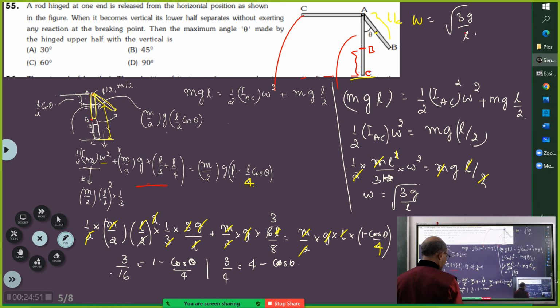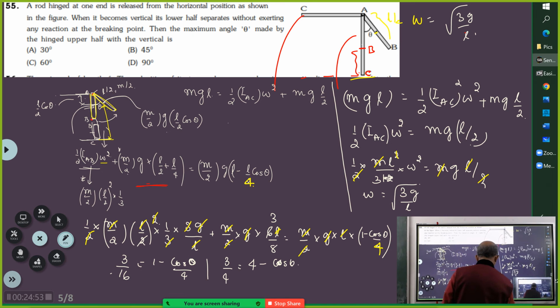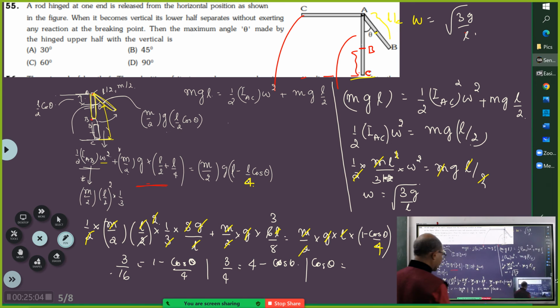So if I push the theta here and show here, I get cos theta is equal to 4 minus 3 by 4. So that only 3 by 16, so that is addition. So 3 by 16. 3 by 8 plus.